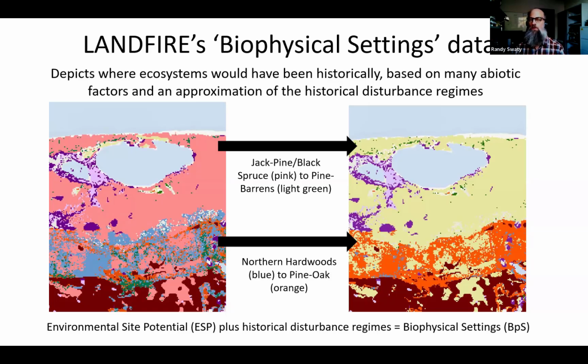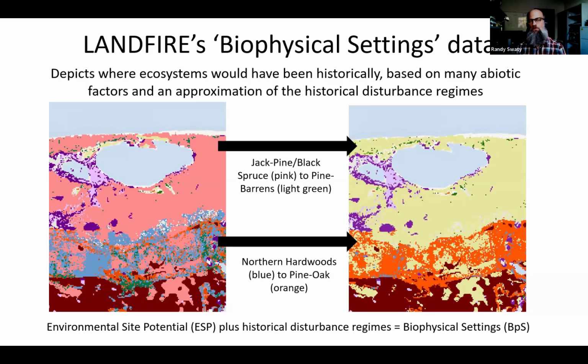And in our part of the world, that just does not capture the variability and sort of where jack pines occur. And because of management for wildlife, for timber products, all sorts, and wildfire management, experts split that jack pine black spruce type out into multiple types, including pine barrens. So that change that you see in the biophysical settings data to light green from pink represents more a refinement of the legend.